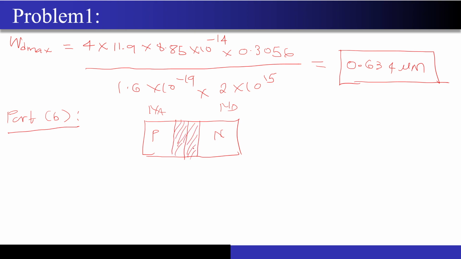Now what I did over here, I suddenly increased the concentration of acceptor dopants, acceptor atoms. I made this P plus. I have a N over here. Now can you please tell me what will happen to the depletion width on the P plus side? Whether it will increase or whether it will decrease?